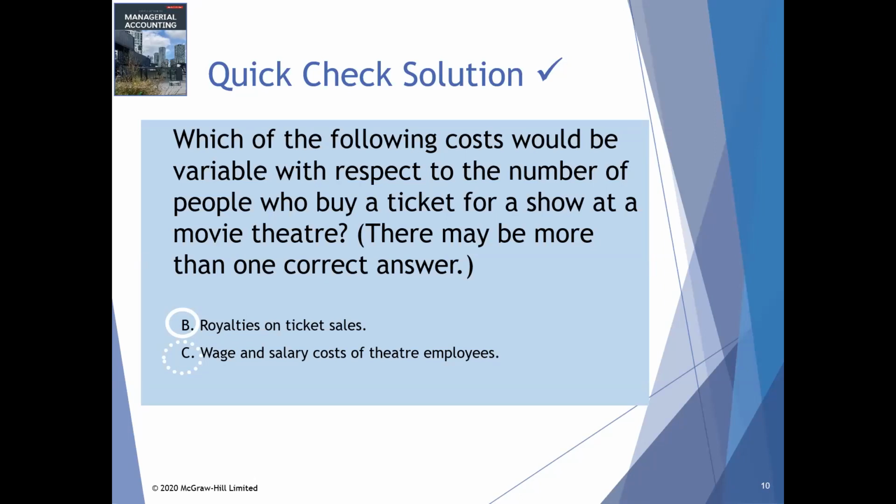Wage and salary cost of the theater's employees. No doubt, if more people come, then more wage and salary cost will be there, because more and more employees will be required to handle that rush. So there may be a little increase in that expenditure.